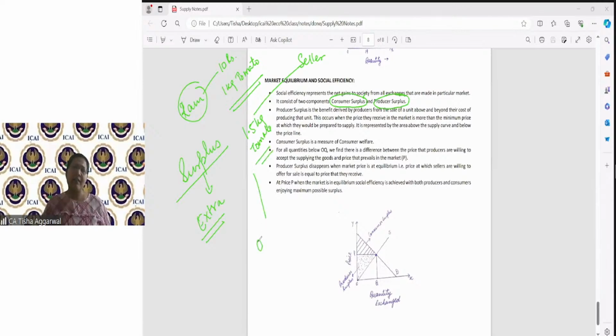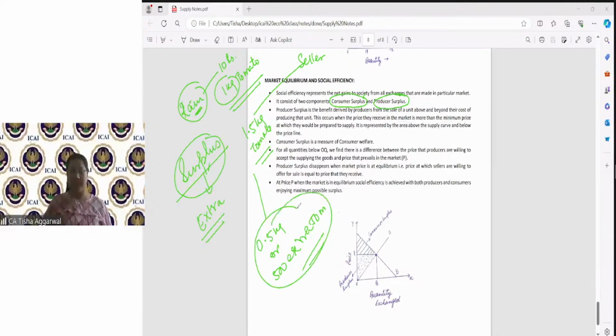Can I say 0.5 kg or 500 grams extra tomato? The consumer is in a surplus, is in a benefit, wherein he is paying only for 1 kg, but getting in return 1.5 kg.